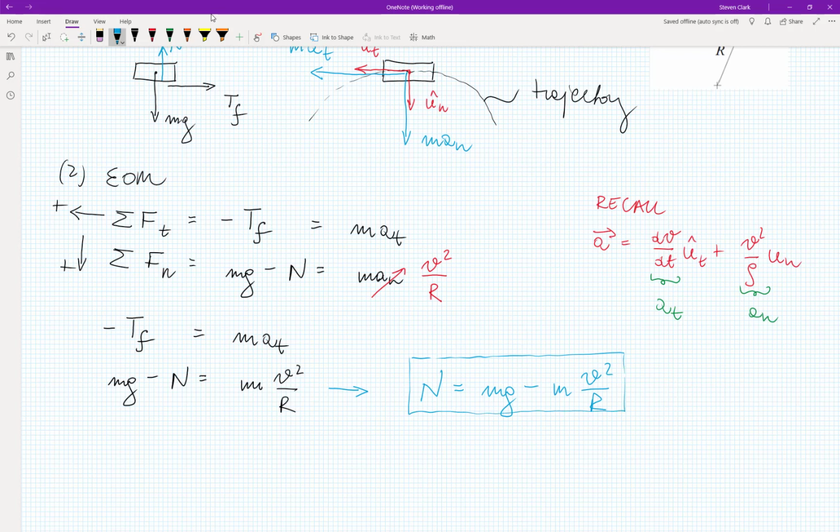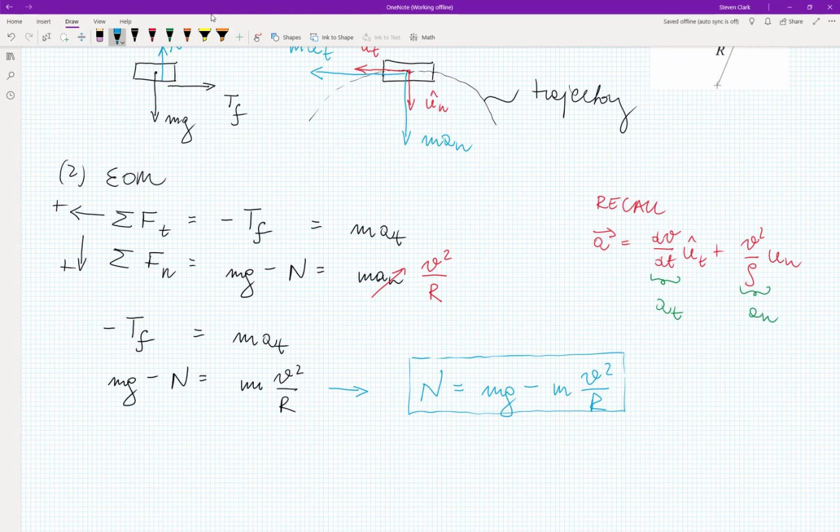Seems like I was not lying to you, right? Normal force is indeed smaller than mg, yeah? And this is due to the centrifugal force our car is experiencing at the top of the hill, yes? That centrifugal force is pushing our car upwards, yes? That's why our car does not press that much on the ground. You see that?